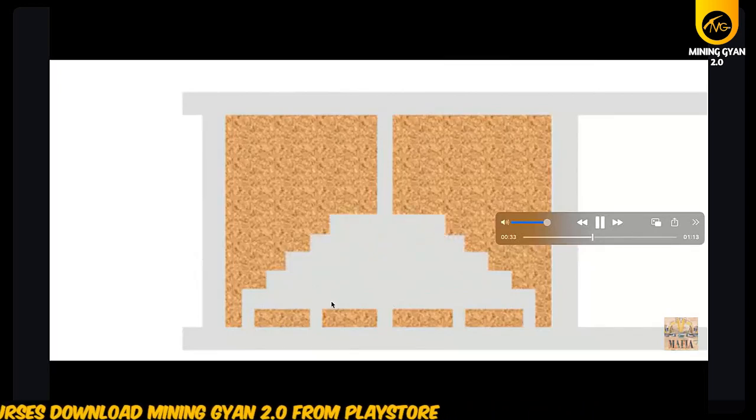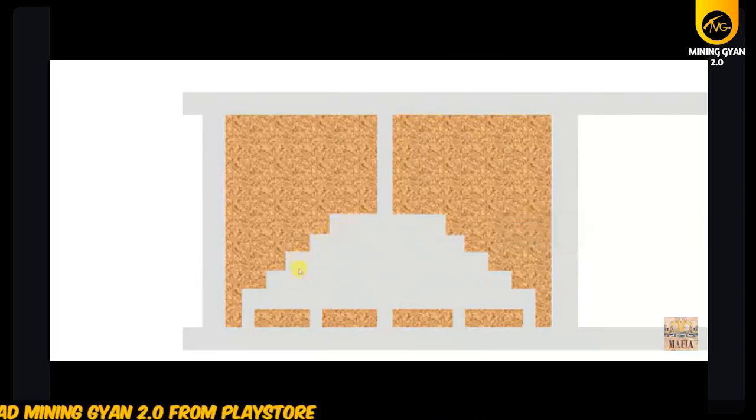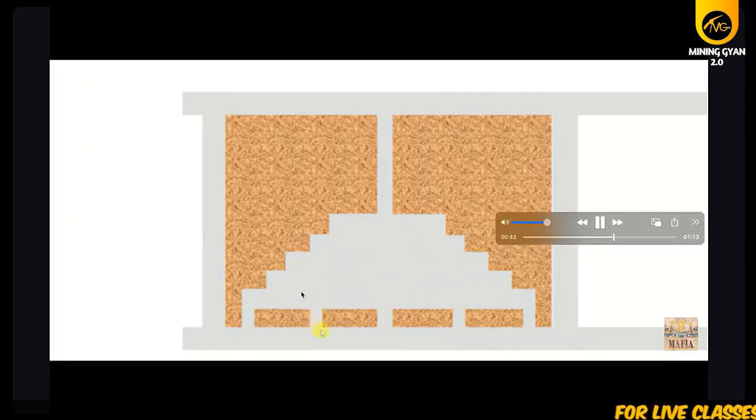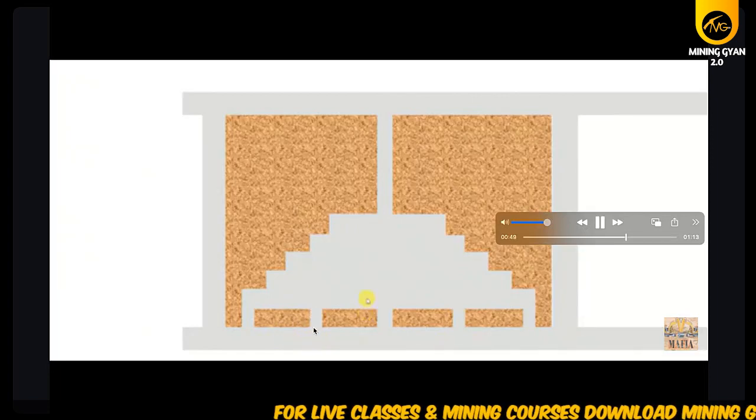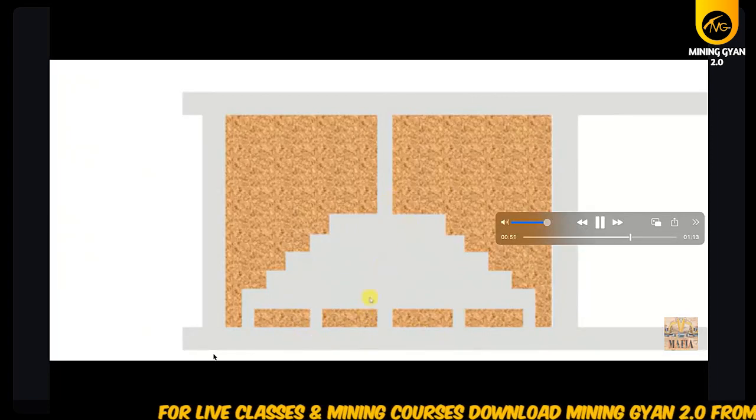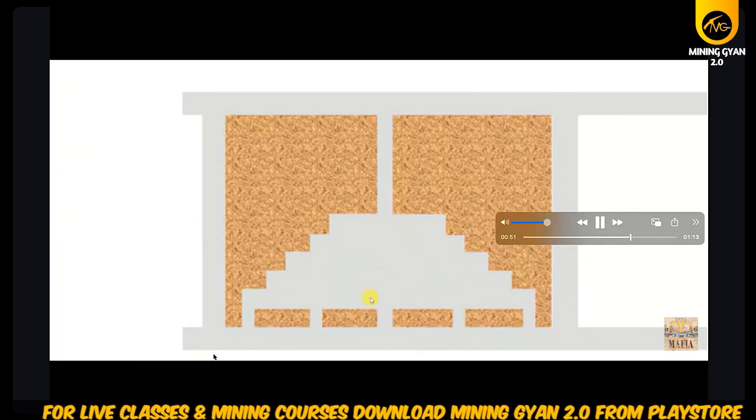Then we will go from bottom to top. In this method, the material falls down with the help of gravity, and material will pass from these chutes, and we will take this material.